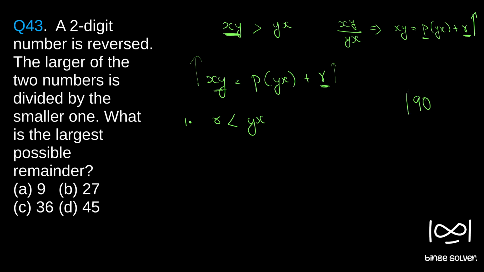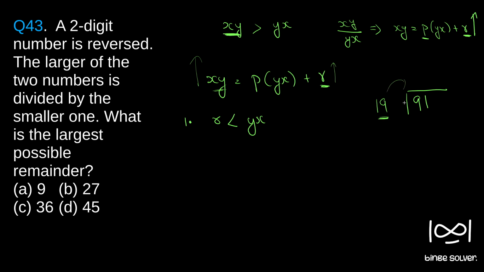But on reversal we get 9 as the other number, which is not two digit, so that is not possible. Just to explain the concept, let's take 91. We get 19. Such cases will not result in a large remainder, the reason being that this is a very small number.